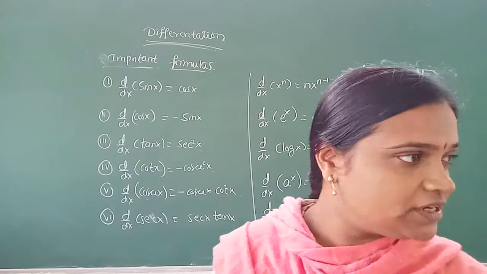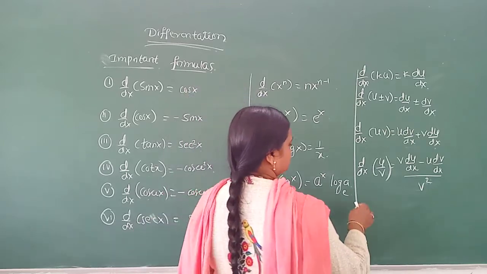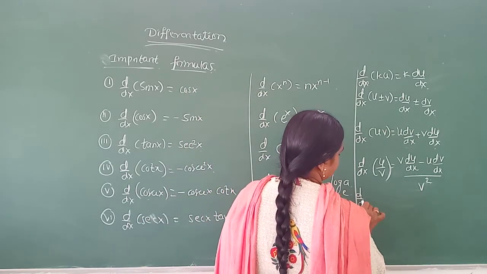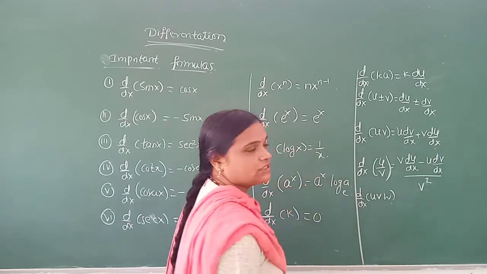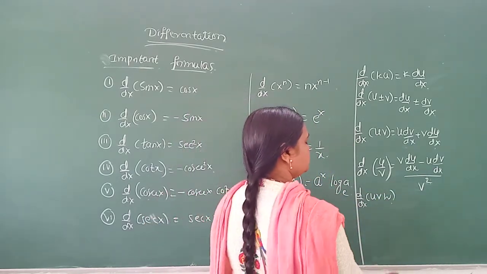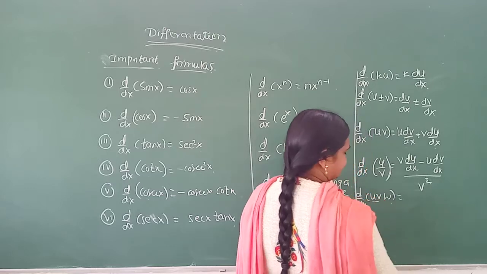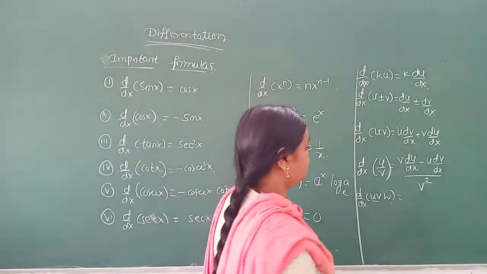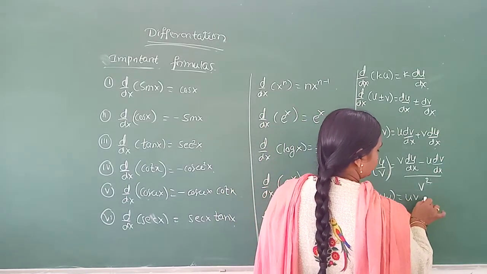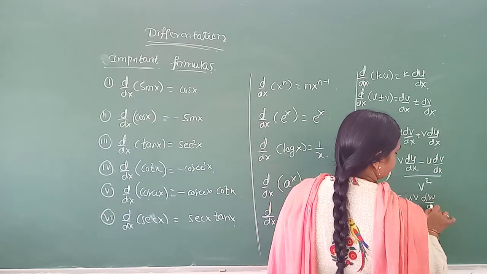And next, the product of three functions, that is d by dx of u v w. For that, we write u v as it is and do the differentiation of the third one, u v dw by dx.